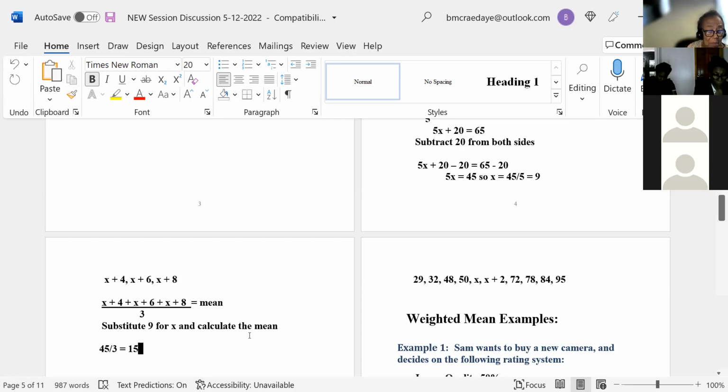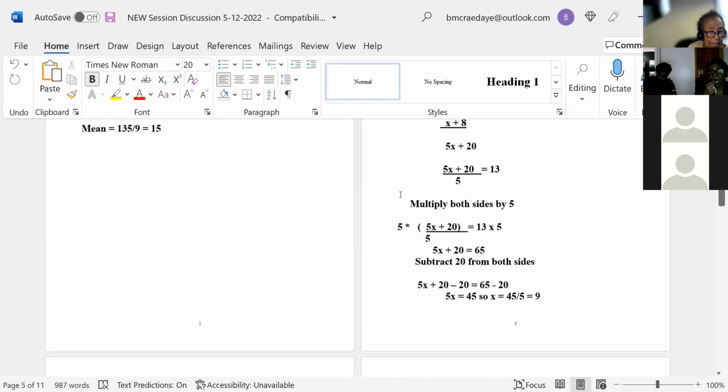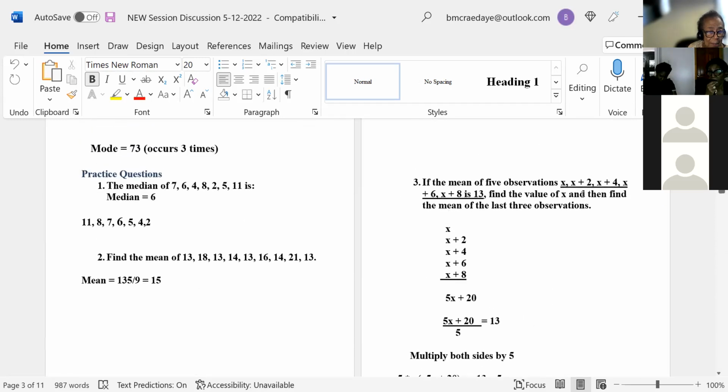Well, just remember, means are not always just numbers. They can be variables. That's why I gave you a problem like this, because it says the mean of 5 observations. Now, if it was just numbers, you just add up the numbers and divide by 5. But here they gave you variables. So you add up the variables and divide by 5.